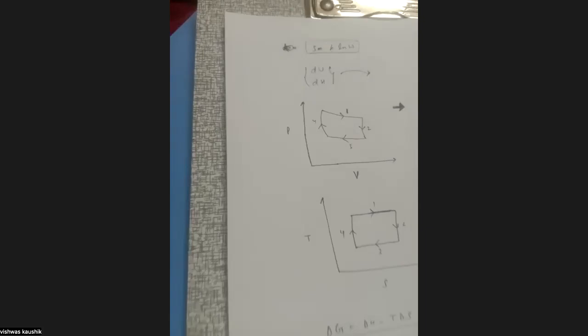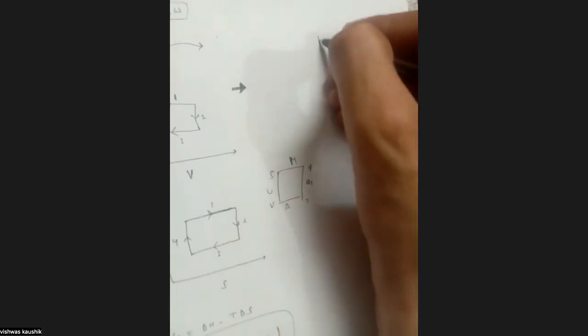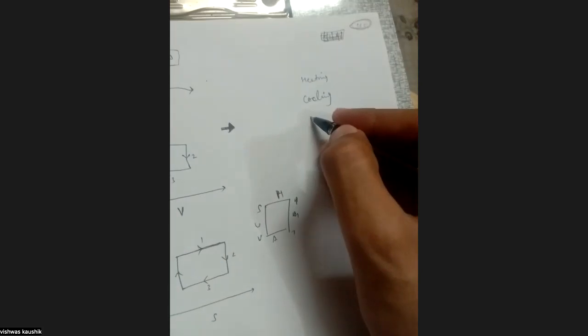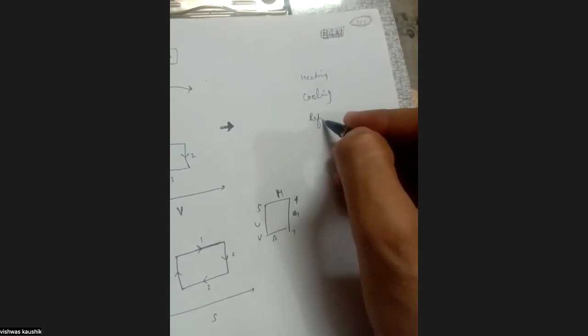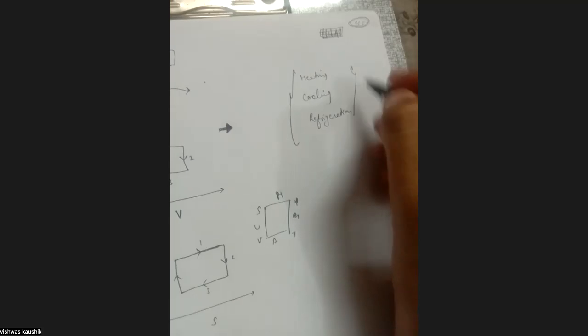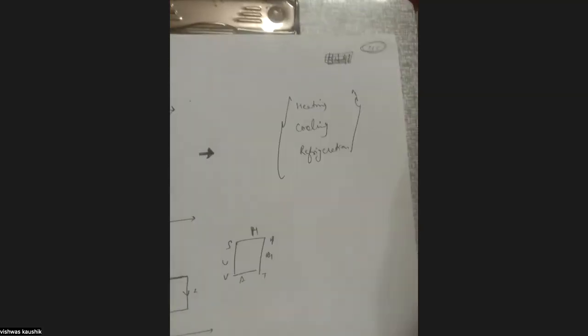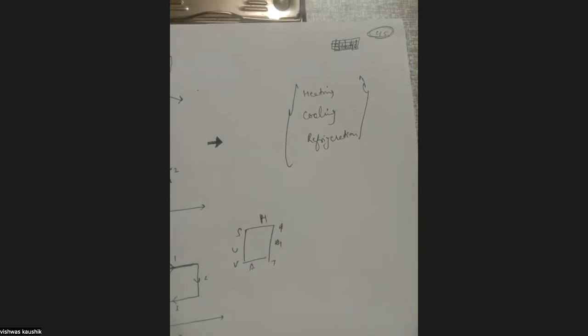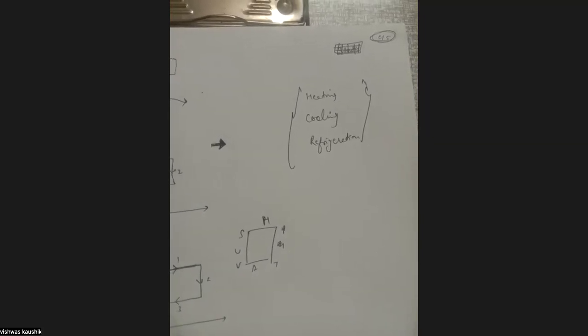All such processes are examples of thermodynamics, sir. How heat transfers from one place to another or from one body to another, heating in a substance, cooling, boiling, condensation, evaporation, all such are uses of thermodynamics.